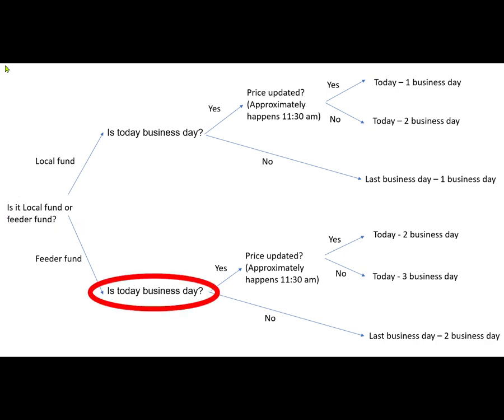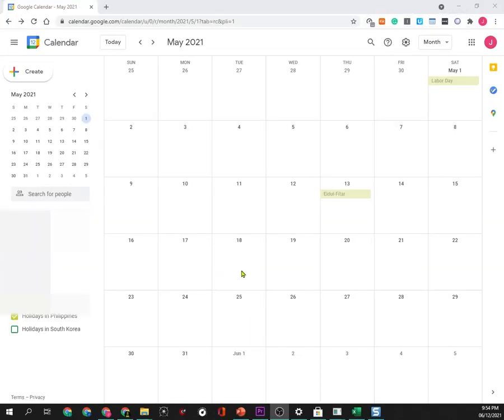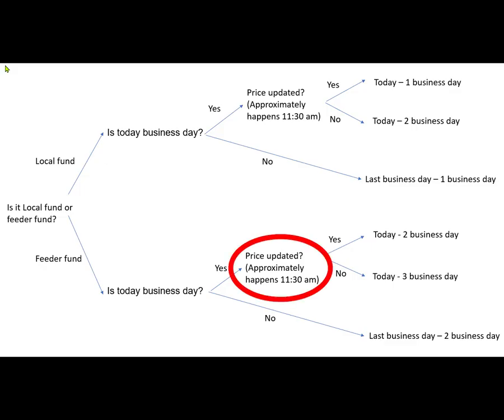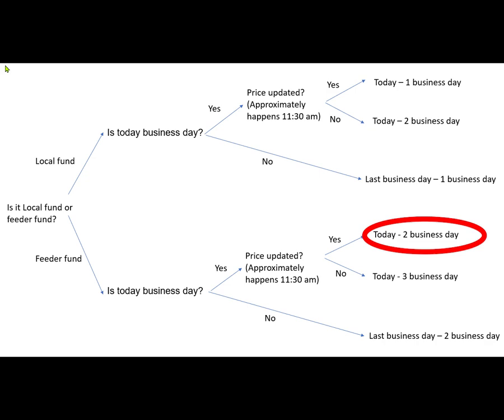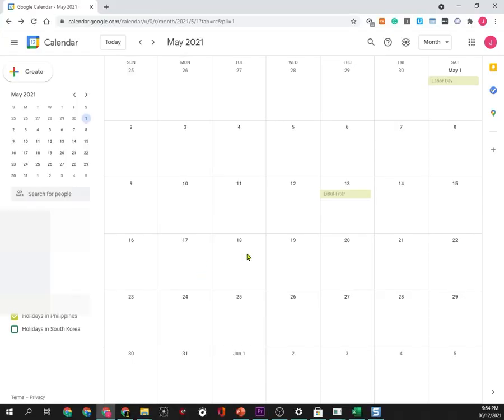Again, this was taken on May 18, 2021, which falls on a Tuesday, so this is a business day. Yes. Price updated, which is approximately at 11:30 a.m.? Yes. So the date should be today minus 2 business days. Looking at the calendar, May 18 minus 2 business days is May 14, which is the same date that is reflected on ATRAM's website.